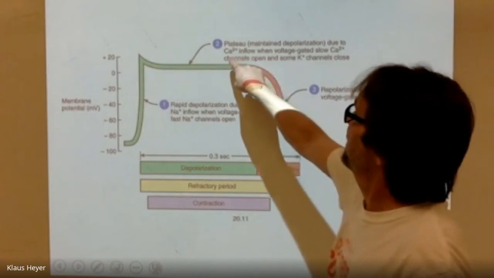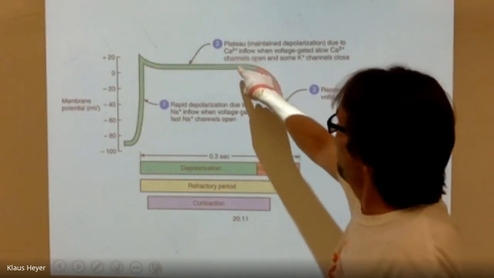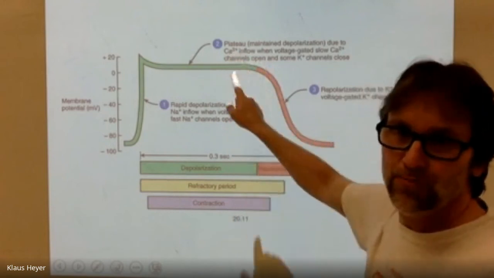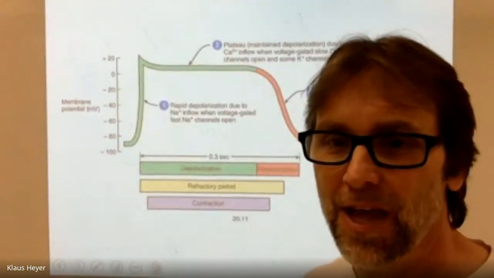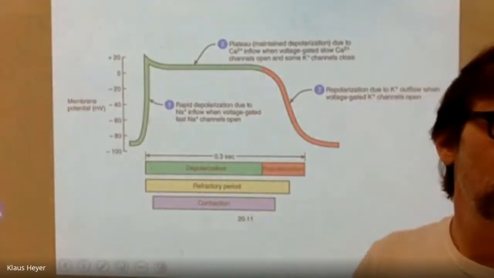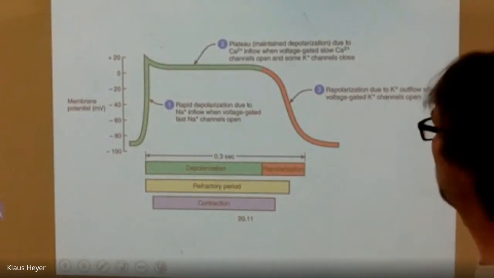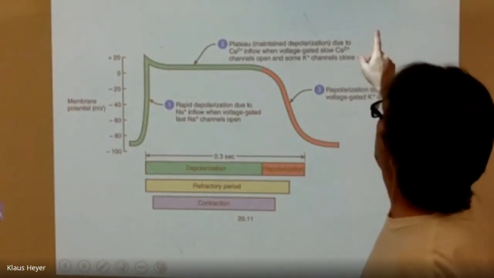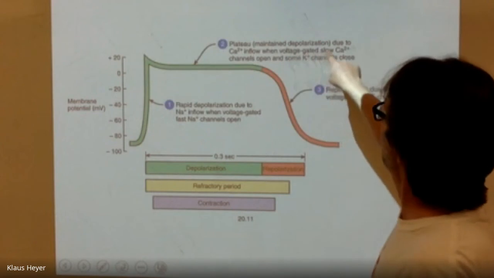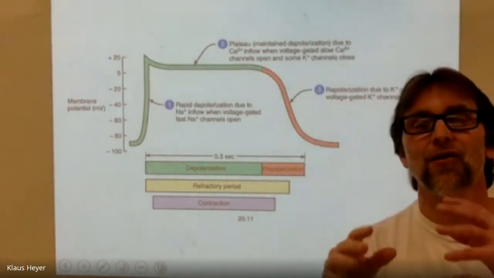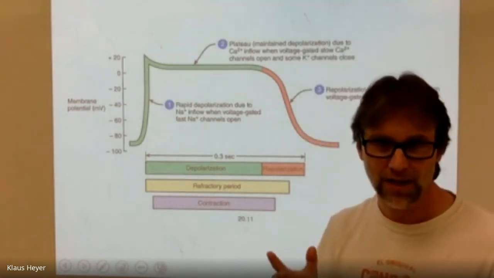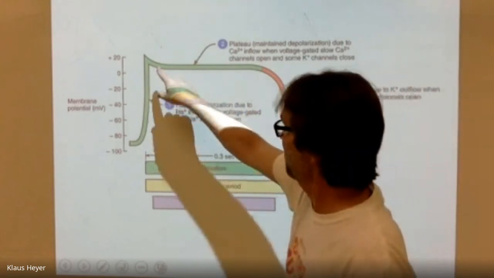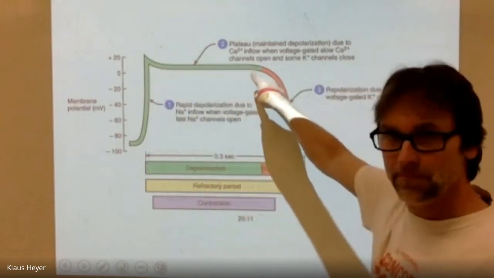Then calcium trickles in. You see they're called voltage-gated slow calcium channels, meaning that calcium's trickling in. It's not rushing in like sodium did. So that's the contraction.